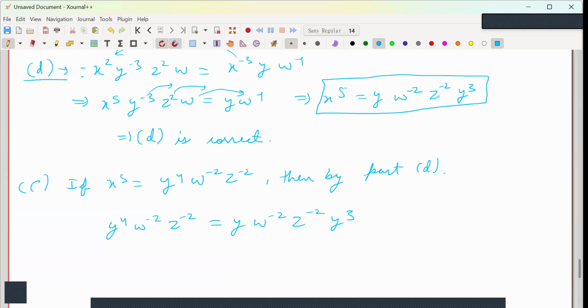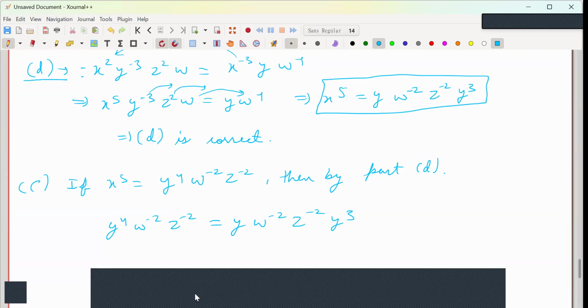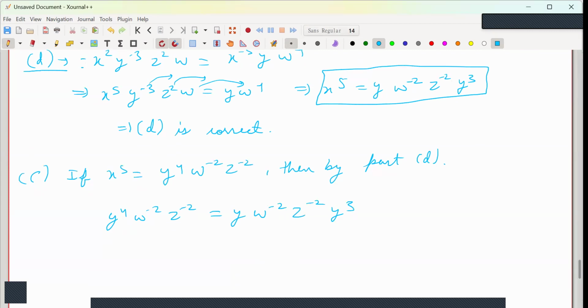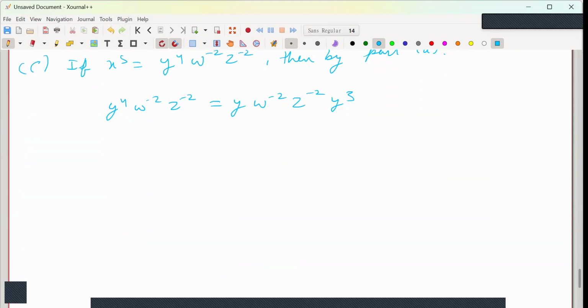Now what relation will this give? One y you can cancel. This will imply y cube w minus 2 z minus 2 is the same as y2 z minus 2 y cube.